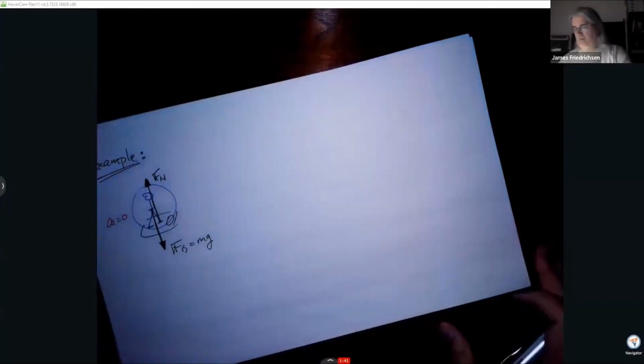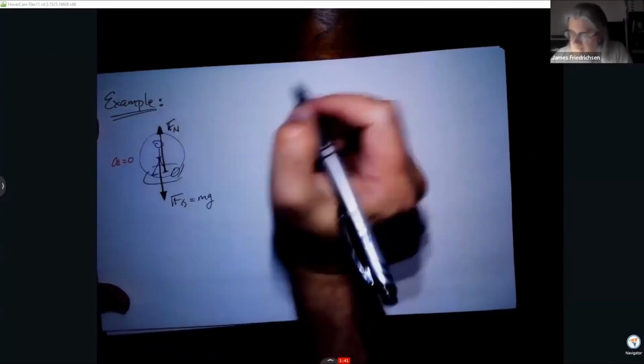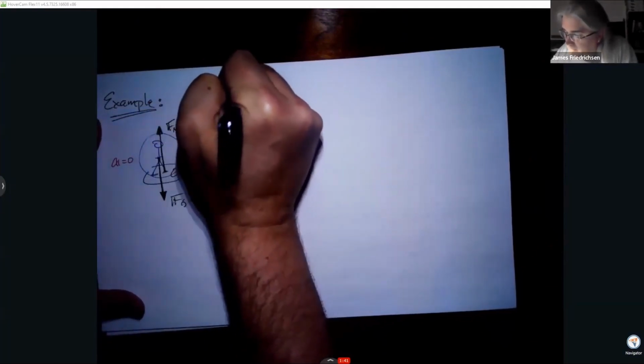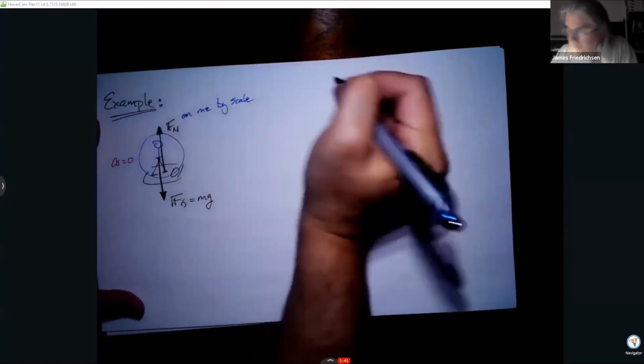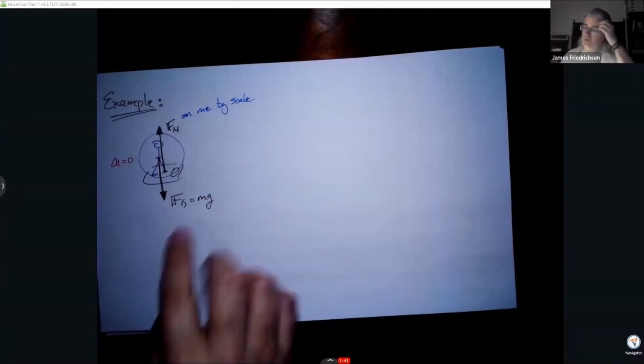Okay, like so. This normal force is essentially on me by the scale. Then there's a third law pair to that, and that would be the normal force on the scale by me.